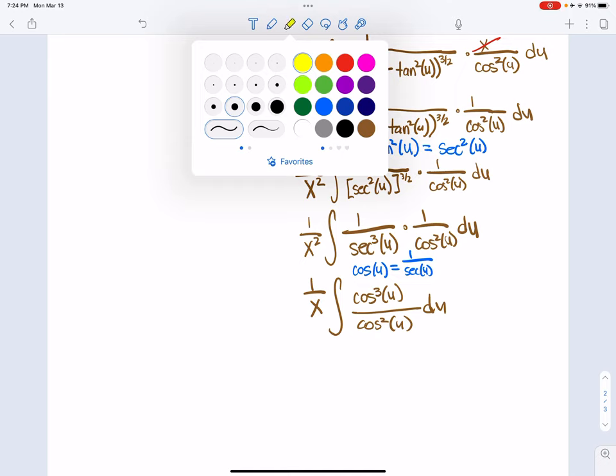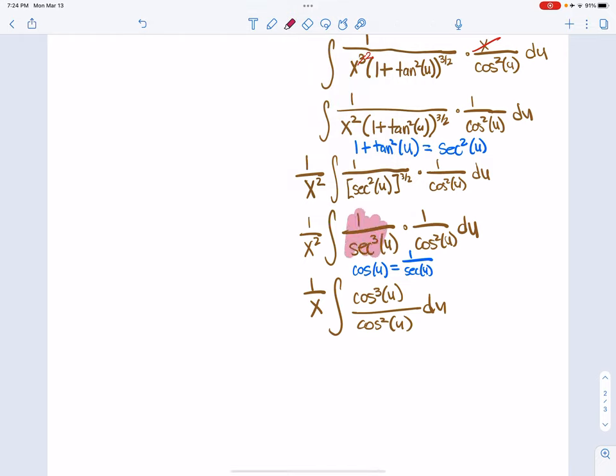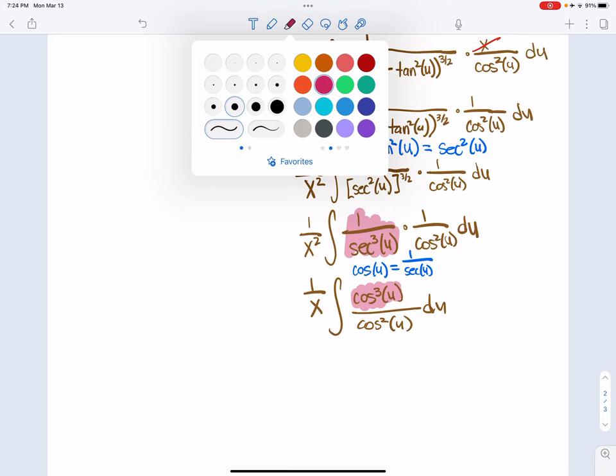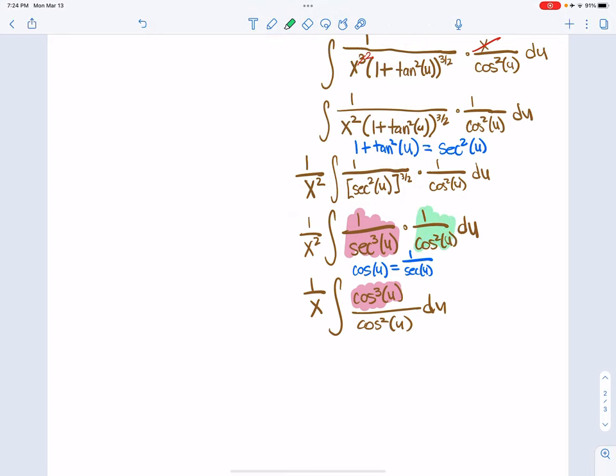Again, I'll clarify. This term became this numerator, right? 1 over secant cubed of u is just cosine cubed of u. And this term, I just left in the denominator, all right?